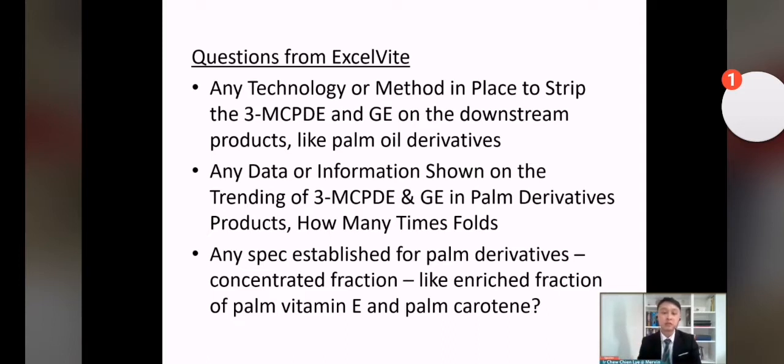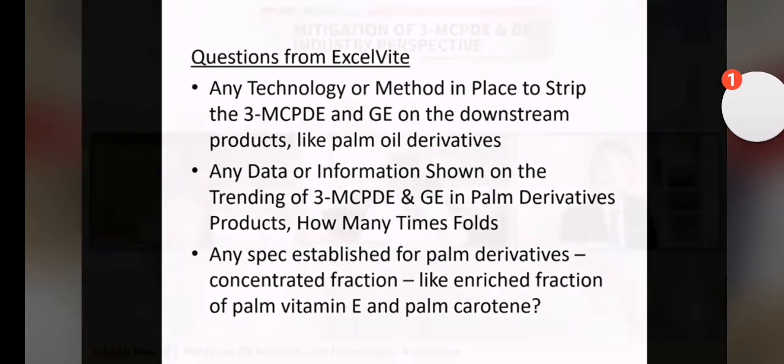So it's best for us to refer to the Food Act 1983 and also the Food Regulations 1985. All these specs should be listed by the MOH so that we can know what the specs are. That's all for me. Thank you, Engineer Mervin.